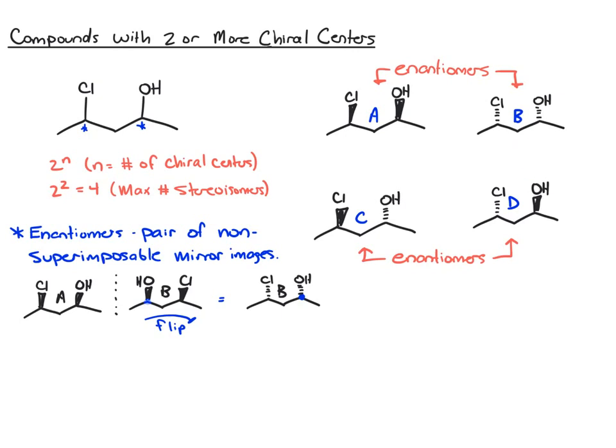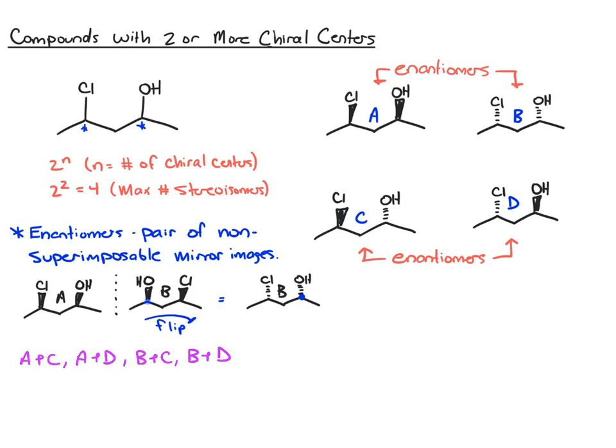Same way B and D. So our other pairs we can consider A and C, A and D, B and C, and B and D. What's the relationship between these?